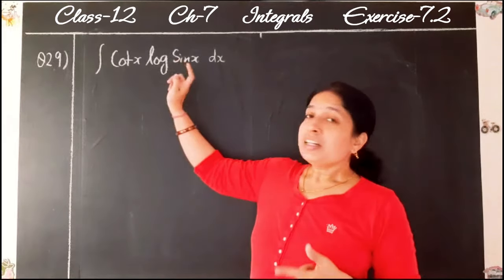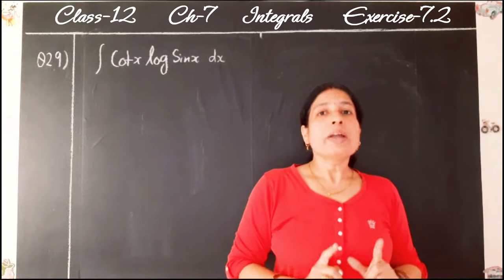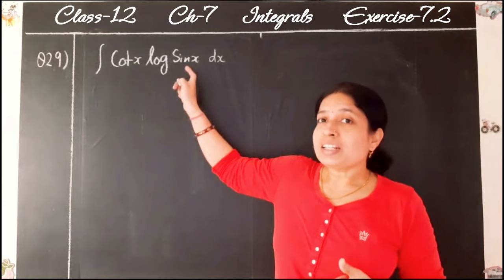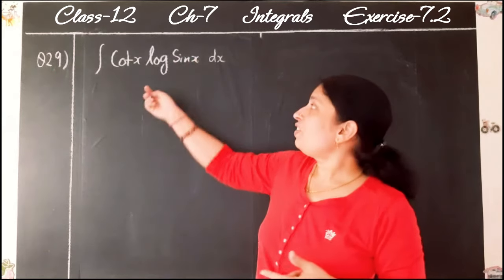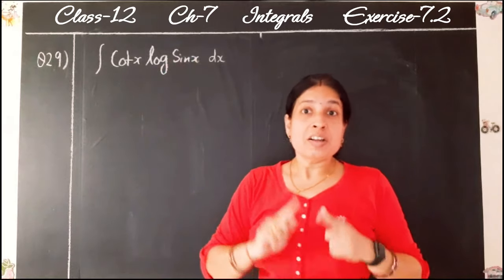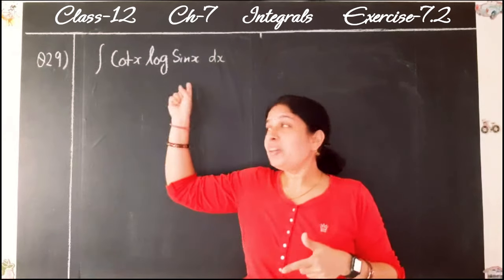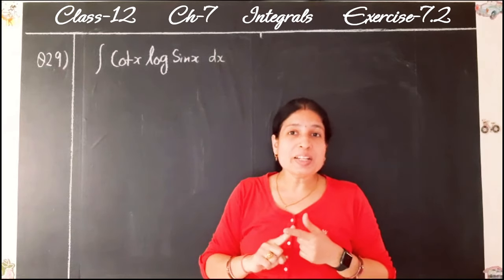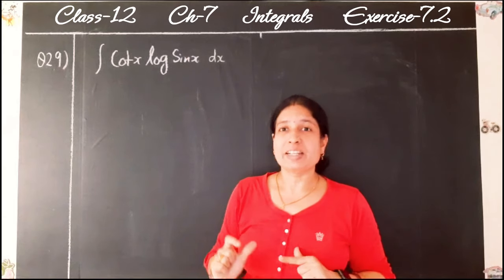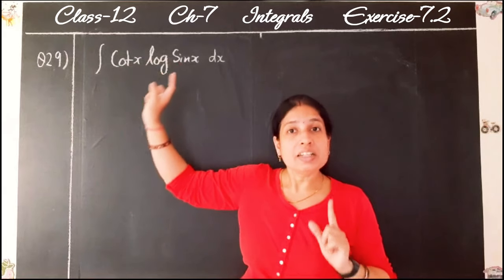Okay, and the derivative of log x is equal to 1 by mod x. So here it is given sin x in place of x. If we differentiate log sin x, we get 1 by sin x. Again we differentiate sin x, we get cos x. So finally we get cos x by sin x. That means cot x. That is given in our integral.